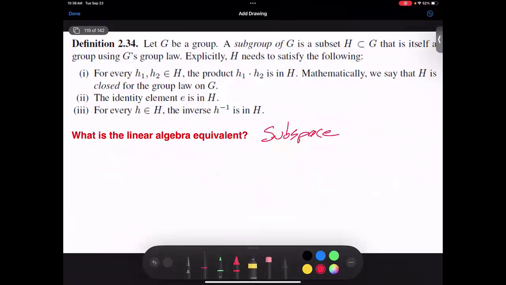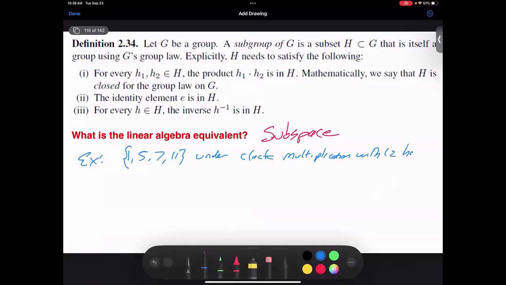So for example, we looked at 1, 5, 7, 11 under clock multiplication with 12 hours. And that was a group.